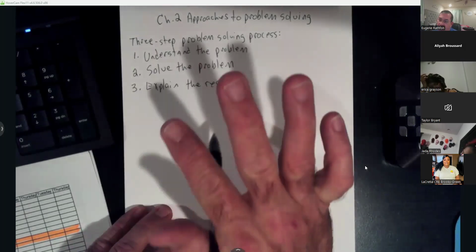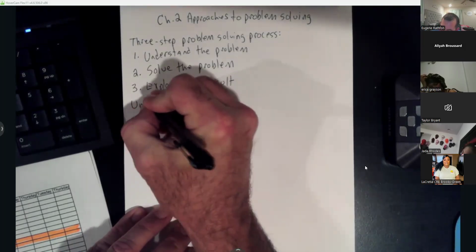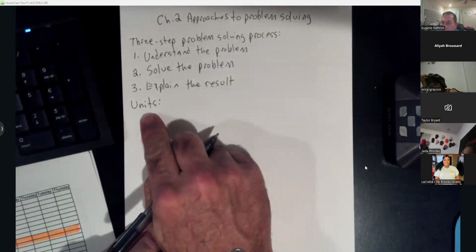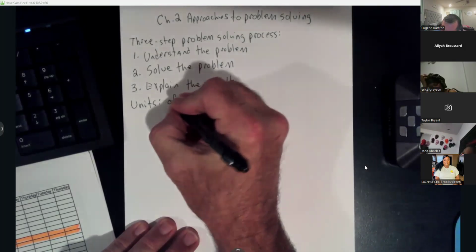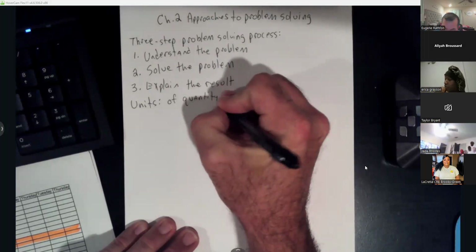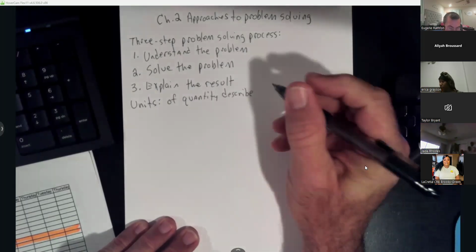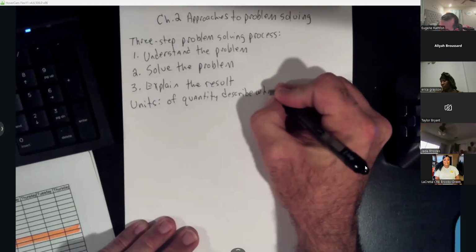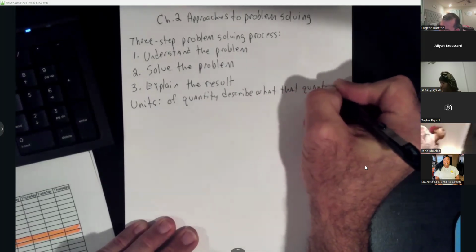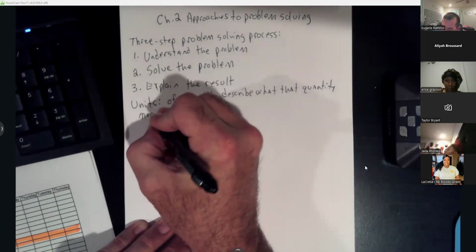So, next time, we're going to go through some definitions with you. We're going to look at what we call units. So, units of a quantity describe what that quantity measures or counts.